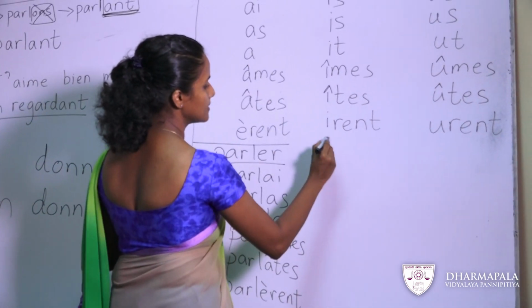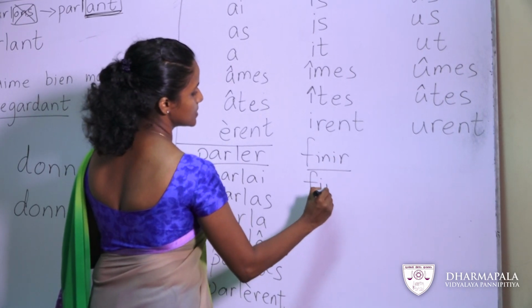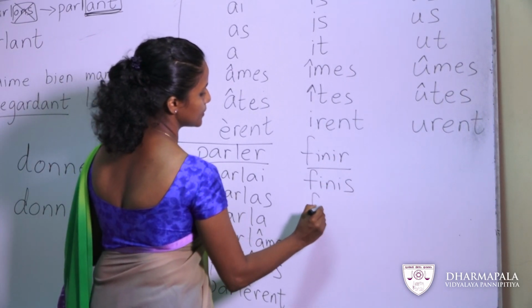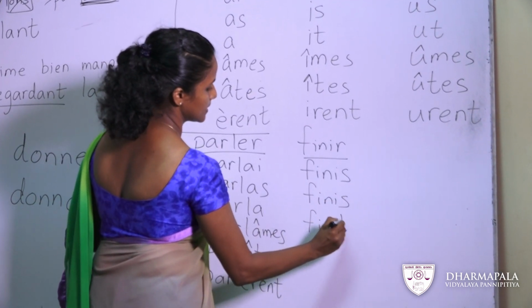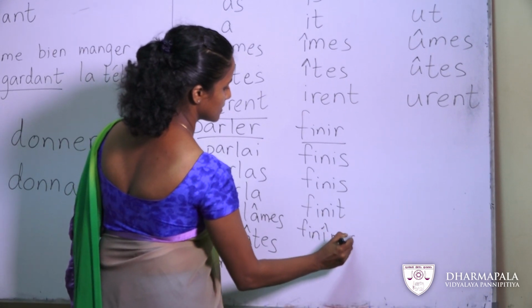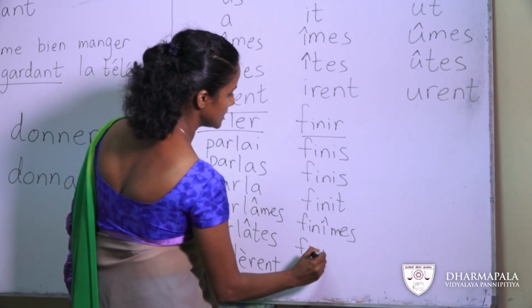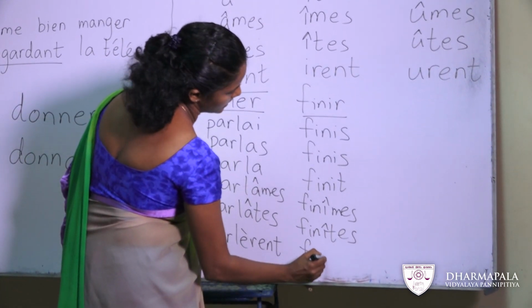And for IR, we will take finir: je finis, tu finis, il, elle finit, nous finîmes, vous finîtes, ils, elles finirent.